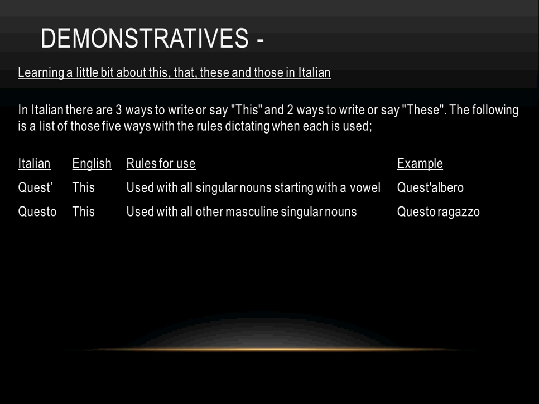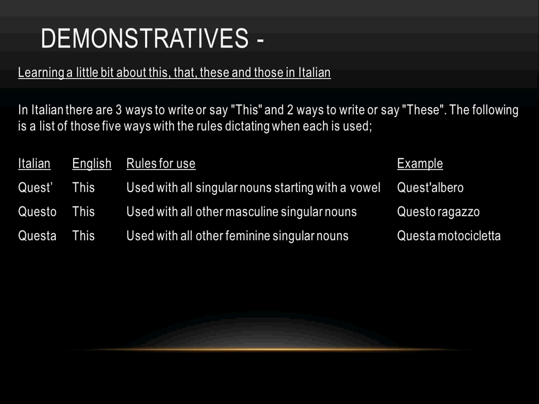Then, for the masculine singular nouns, it's questo. There's that O, just like in bambino. Questo, used with all masculine singular nouns, as in questo ragazzo. So if questo is for the masculine singular nouns, what do you think is used with the feminine singular nouns? You guessed it, questa. Questa is used with feminine singular nouns, as in questa motocicletta, this motorcycle.